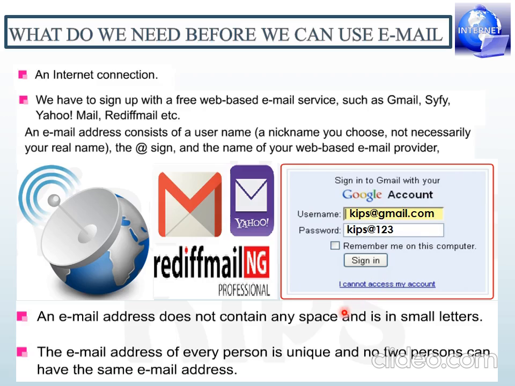So when you create it, for example, if kips@gmail.com already exists, Gmail will give you a suggestion saying that this name already exists, and it will also suggest which username can be used. The address is unique, and no two persons can use the same email address, to avoid confusion.